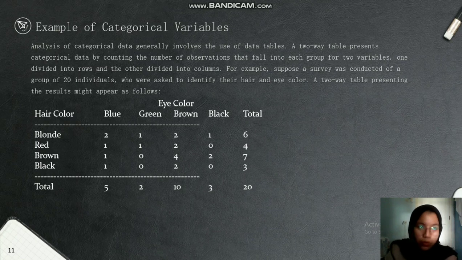One also might want to investigate the percentage within a given category of the 4 redheads: 50% have brown eyes, 25% have blue eyes, and 25% have green eyes.